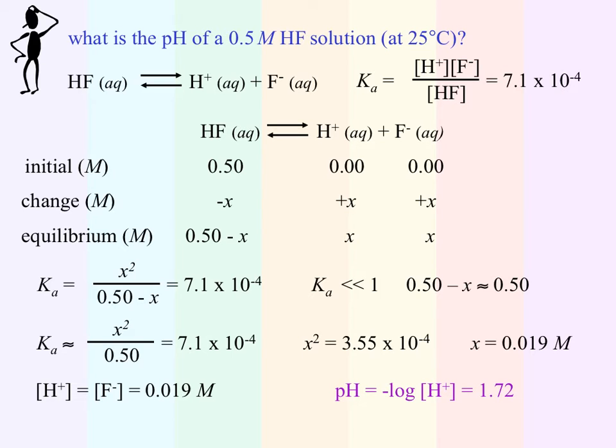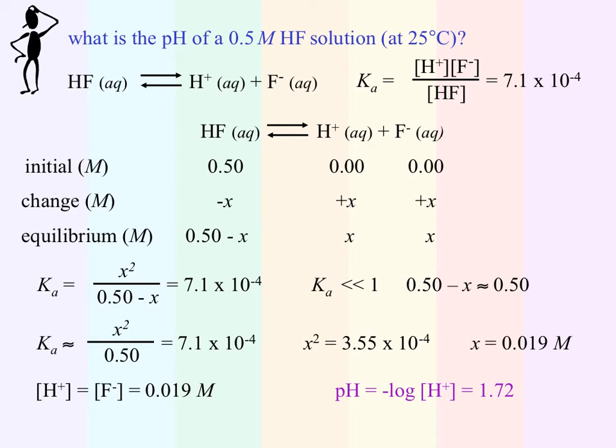For HF, we first want to look at the species that are going to be involved in this process. We know HF is going to ionize into H plus and F minus. Taking that data, we can then write our equilibrium expression, obviously our products over our reactants, and we know that that's equal to 7.1 times 10 to the negative 4.